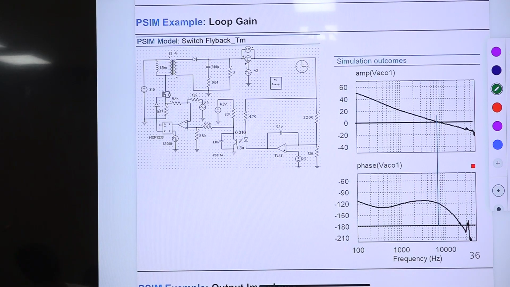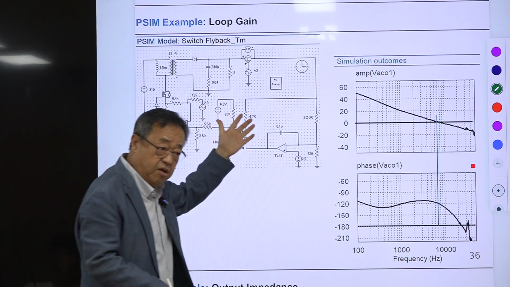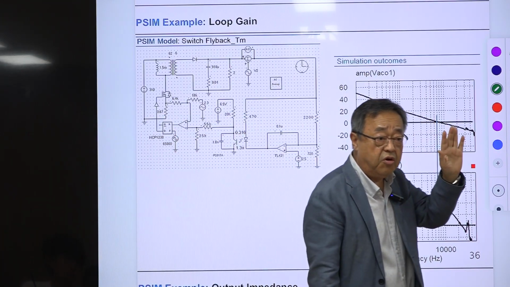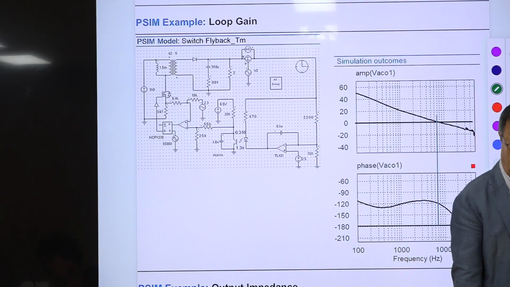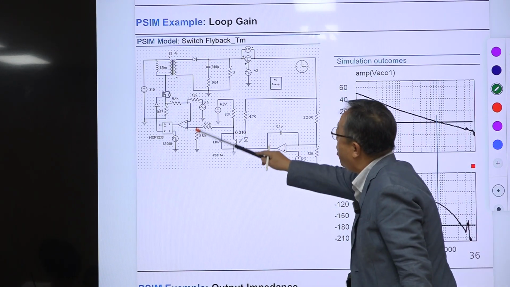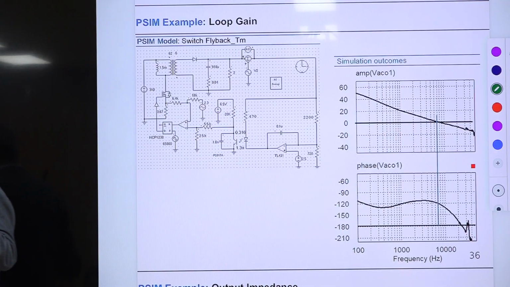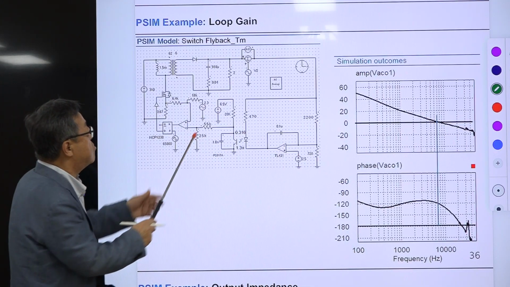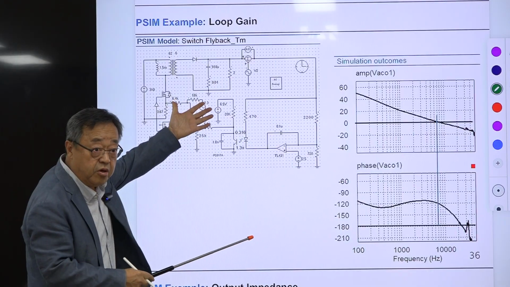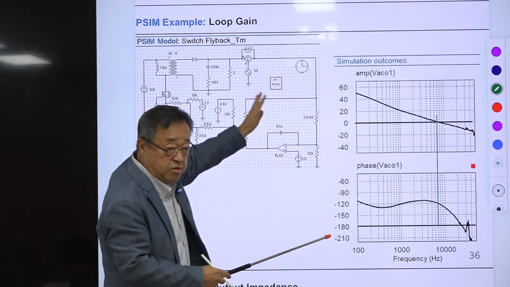So this diagram is the same or very similar to the previous ones used for the evaluation of the control to output transfer function with the current loop closed, or the transfer function of this optocoupler isolated voltage feedback circuit. Because this is a disturbance, the disturbance is already there.